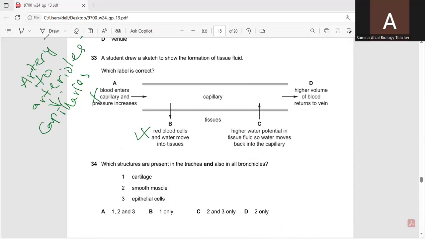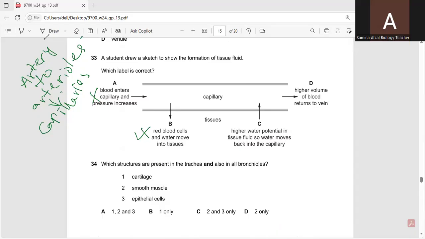Here the hydrostatic pressure has significantly dropped, because the veins have lesser pressure in comparison to capillaries and arteries.